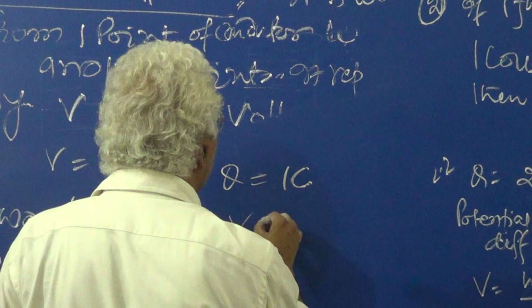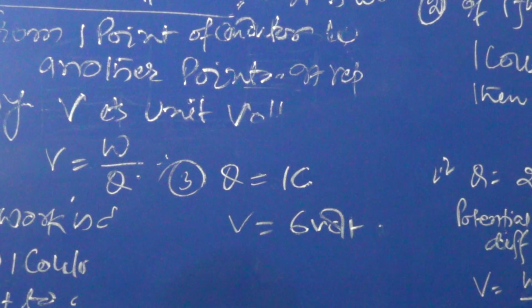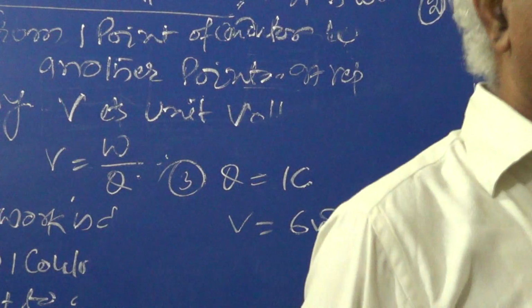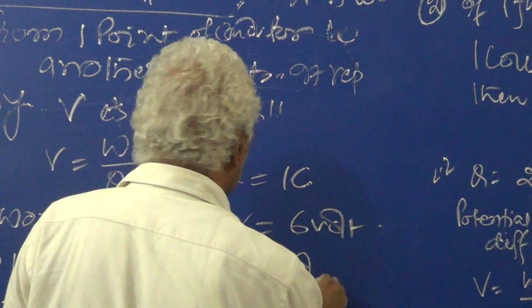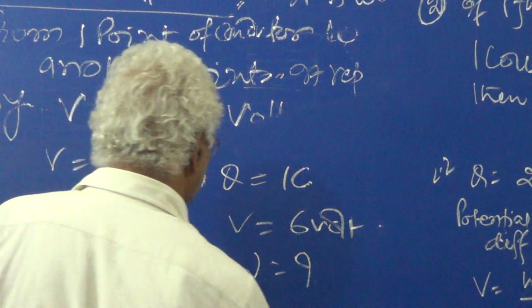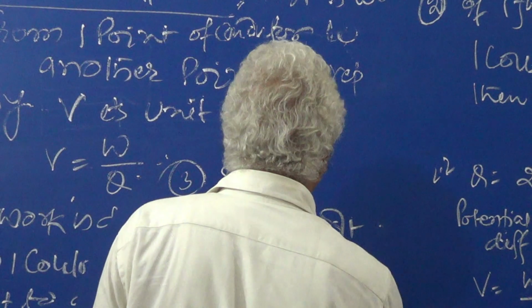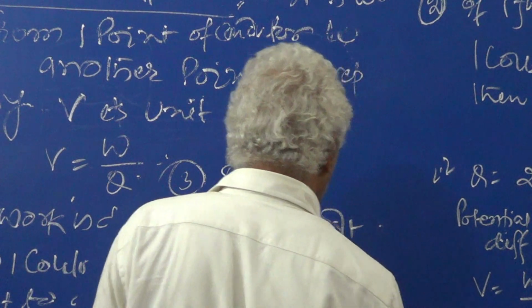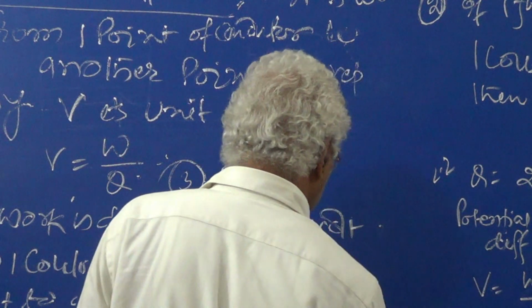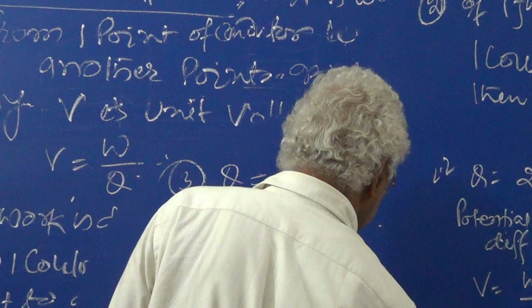So V equal to 6 volt. They are asking how much energy, W. V equal to W by Q, therefore W equal to V into Q. Now V is 6 volt, into Q equal to 1 coulomb, equal to 6 volt coulomb, equal to 6 joule. Answer.